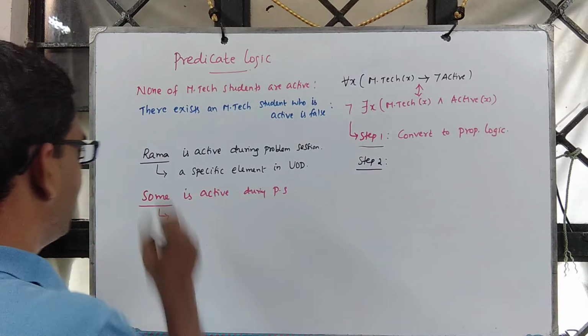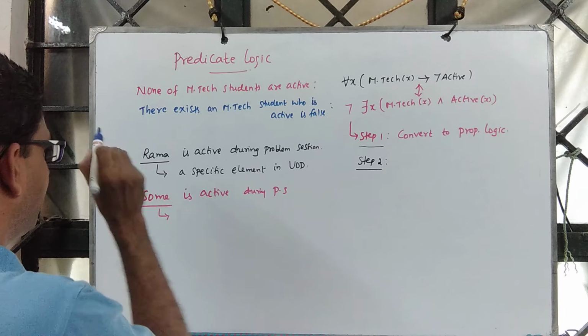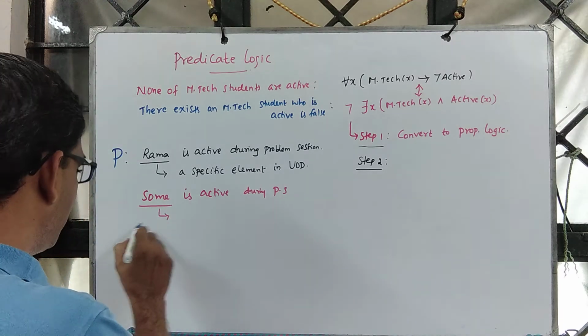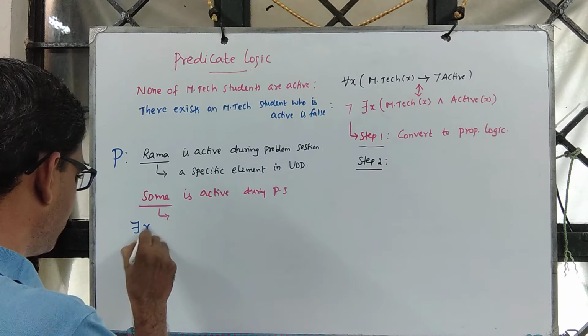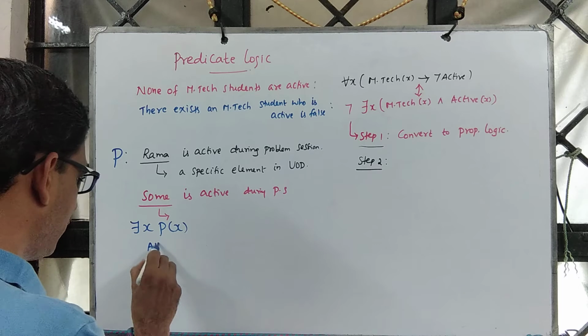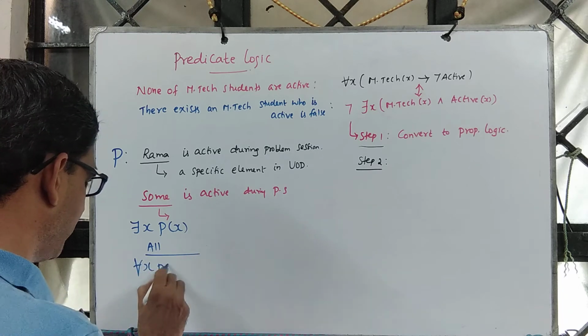Now you can say this is a simple proposition and represent it using P. But when you have some, all, then you write there exists x, P of x. And when the context is all are active, then we say for all x, P of x.